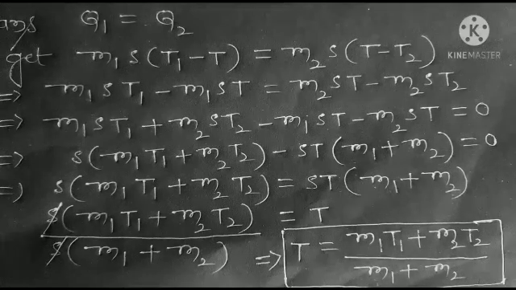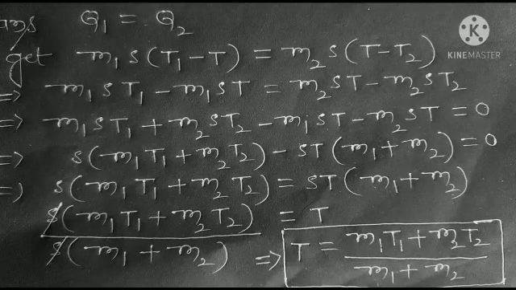So whenever we have to find the final temperature of any mixture, we substitute the values of mass, initial temperature, and so on. Like this, we can find the final temperature of any mixture. Once again I revise.